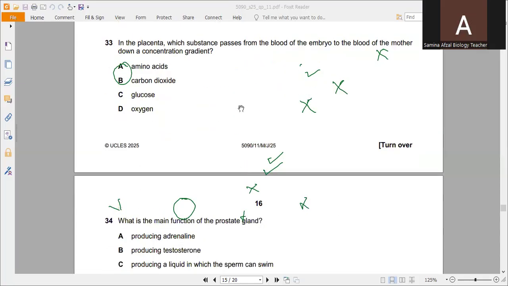Question number 33 is: in the placenta, which substance passes from the blood of the embryo to the blood of the mother down a concentration gradient? The options are amino acids, carbon dioxide, glucose, and oxygen.